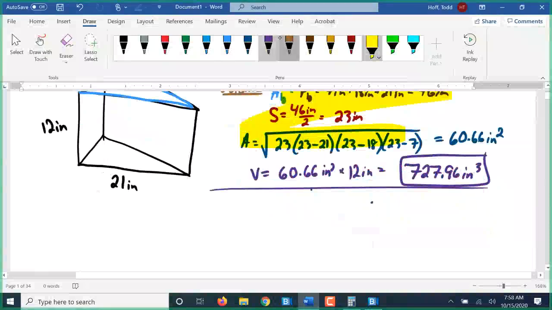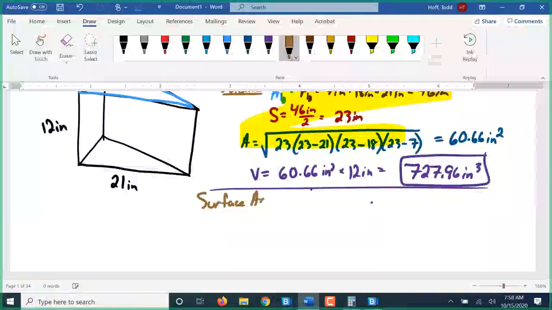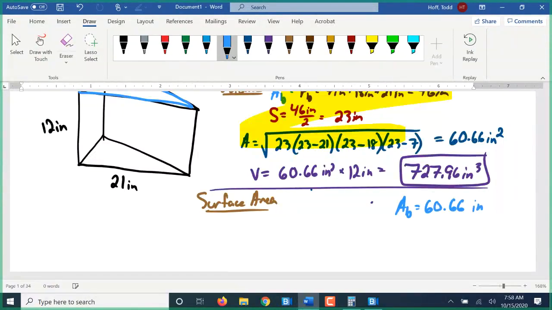Now for our surface area. Well, we have the area of our base, 60.66 square inches, and of course it is one on top and one on bottom in this figure. We need our lateral area.